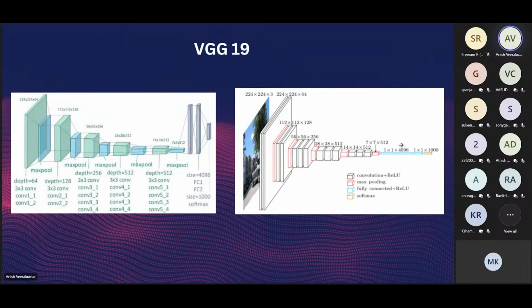Basically, after every max pooling layer, the height and width reduces by a factor of 2. But there is no effect on the depth. And in the convolutional layer, there is no effect on the height and width. It only affects the depth. So increasing it and decreasing it, it just depends on the architecture.